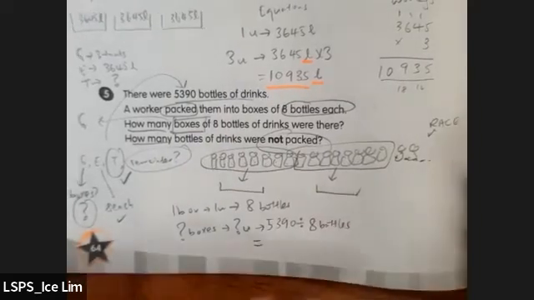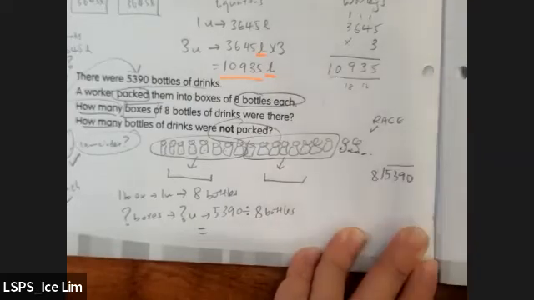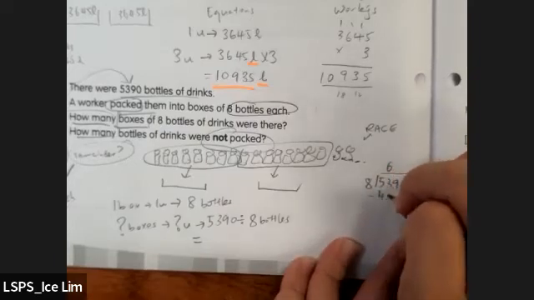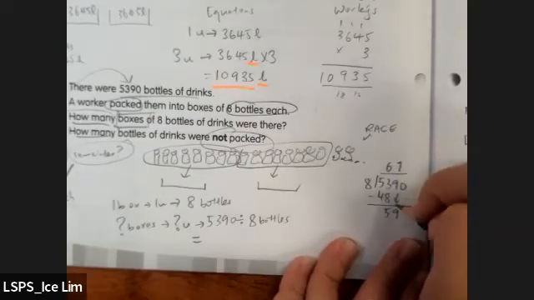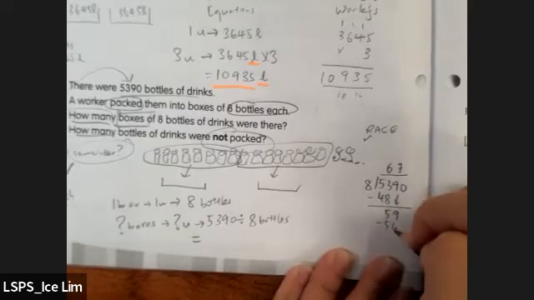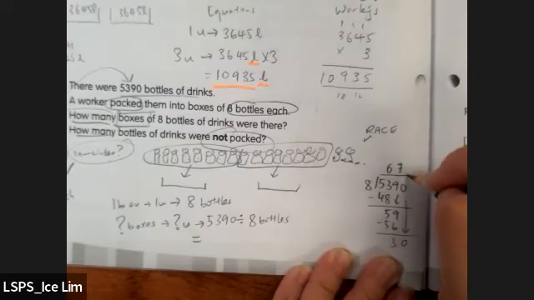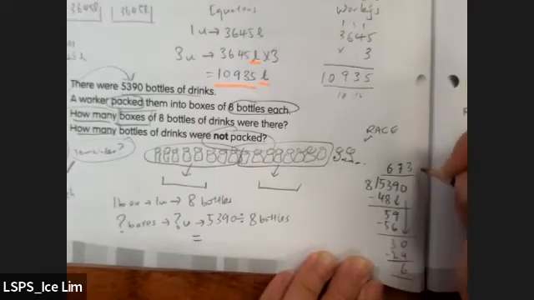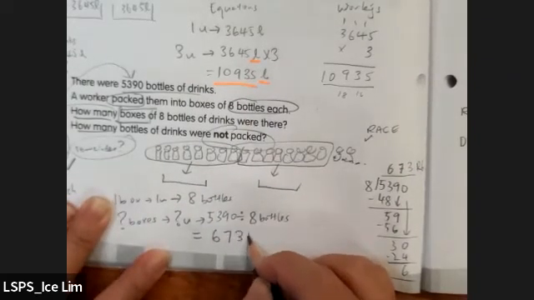And that will be, do my working. 8 into 53, 6, 8 into 59, 7, 8 into 30... So it will be 673 remainder 6.